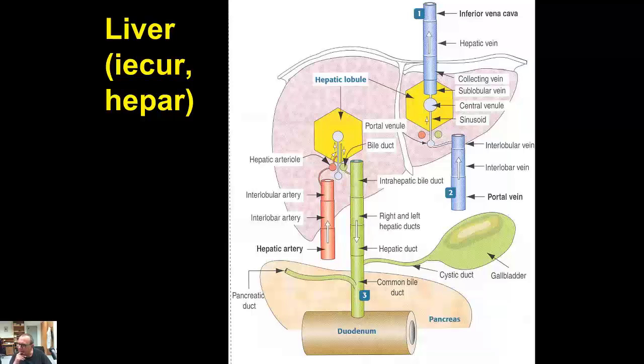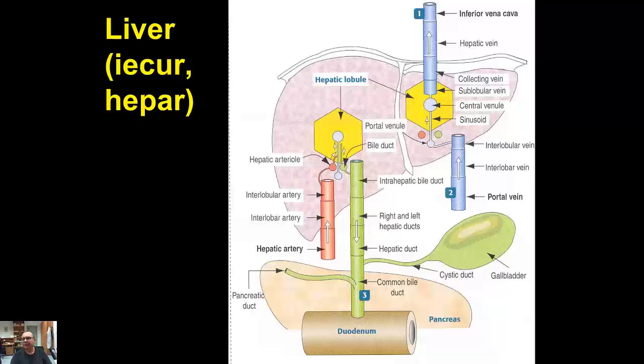So let's say something about the vascular supply of the liver. The liver has 2 circulations, in fact, nutritive and functional. The nutritive circulation begins with the hepatic artery, the common hepatic artery, which enters the liver and brings oxygenated blood normally from the aorta and from the left ventricle.